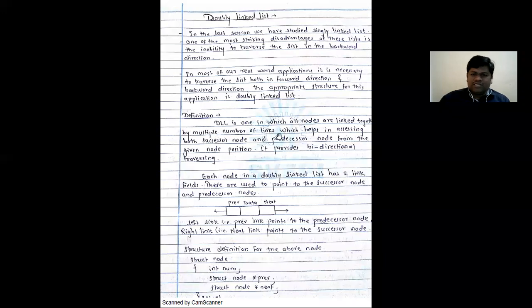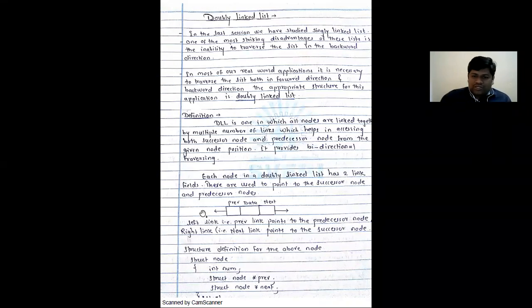A doubly linked list is one in which all nodes are linked together by multiple links, which helps in accessing both the successor nodes and predecessor nodes from the given node position, or we can say it provides bi-directional traversing.